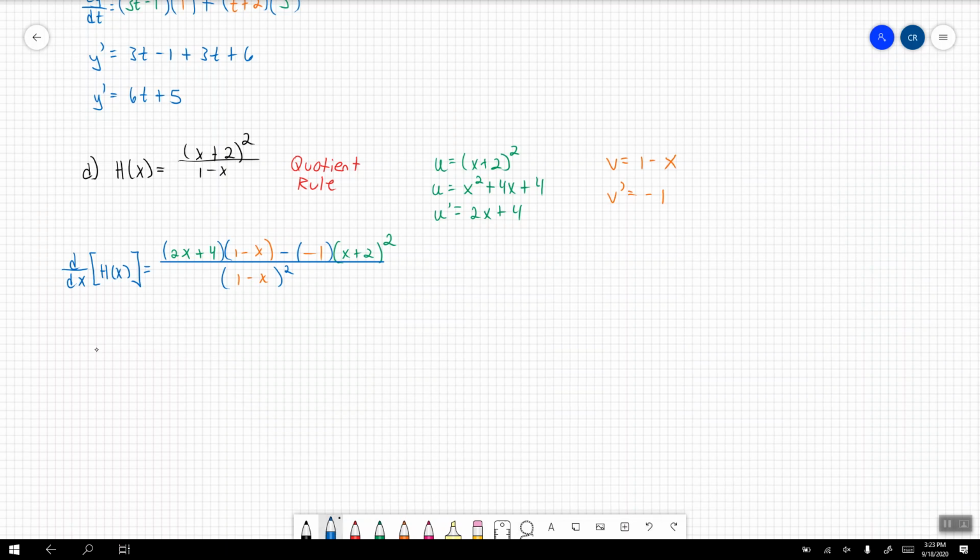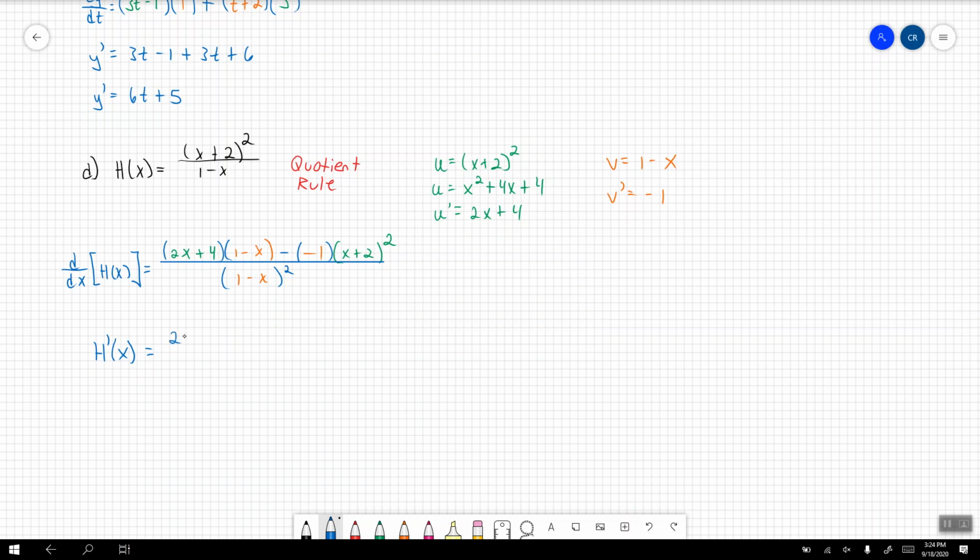Again, I'm looking at h prime. So this is h prime of x is equal to, let's look at my numerator here. My numerator is actually really nice. Notice I have 2x plus 4, and I'm going to factor out a 2 from that.